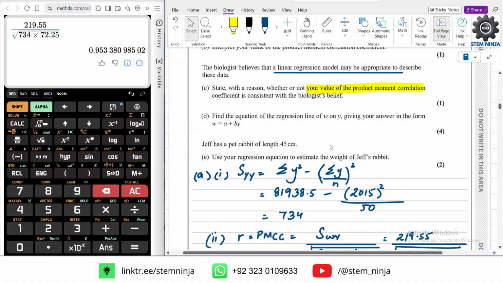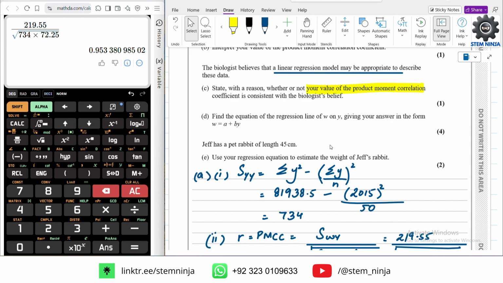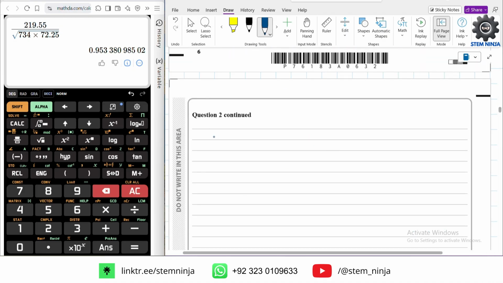Find the equation of the regression line of W on Y, giving your answer in the form W is equal to A plus BY. Okay. So we need it in this form. So this is our gradient and this is our y-intercept.